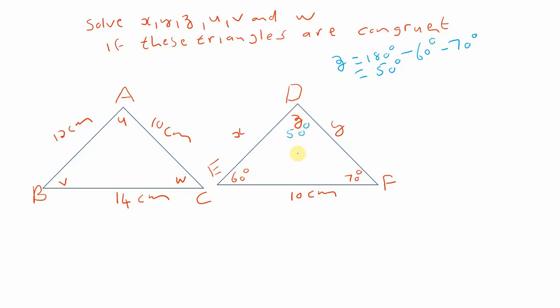Well, we can actually use it now because we see that this 50-degree angle is opposite 10 centimeters. So if these two triangles are congruent, then it means V will also have to be 50 degrees as it's opposite the shortest side.